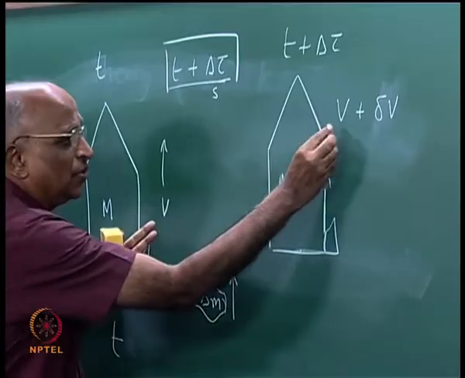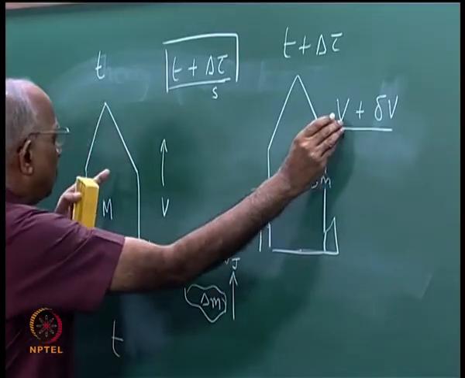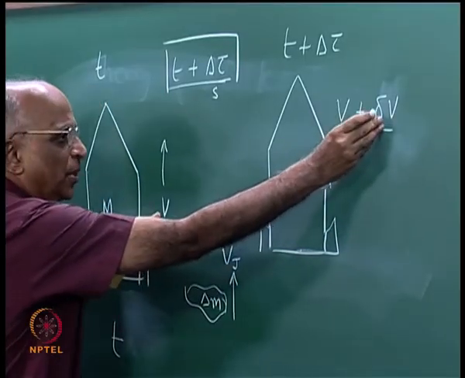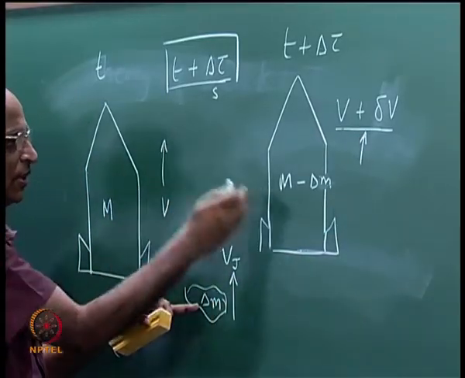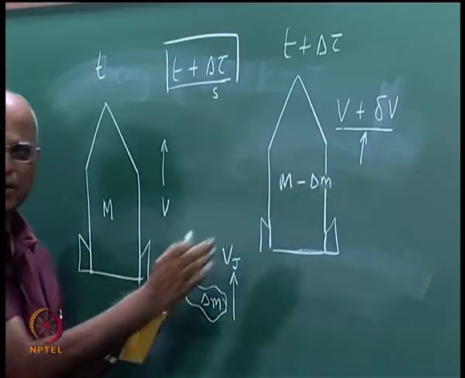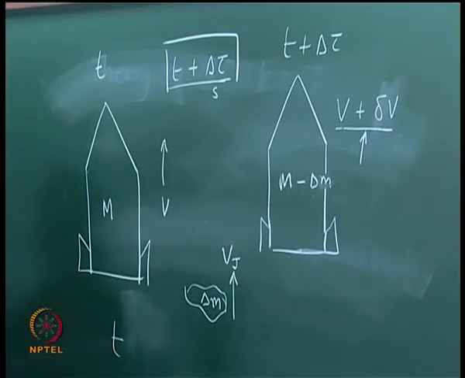We think that the velocity would have increased from the original value of v to v plus delta v, but since it has lost a mass delta m, the final mass of the rocket is M minus delta m. Okay, this is the problem.